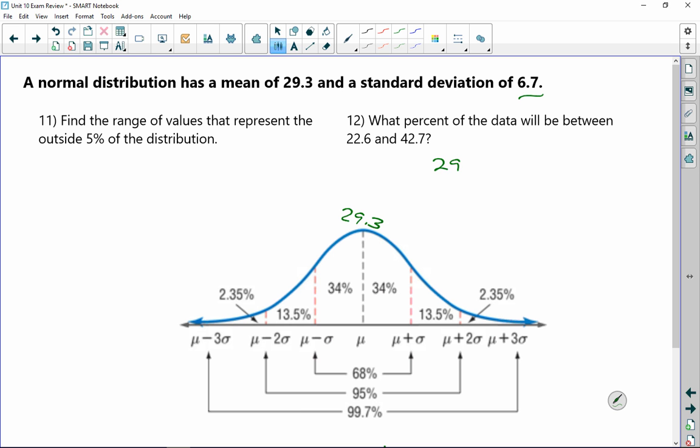So you take 29.3 add 6.7. Wait, is that right? I don't know. Probably. It's going up. Not 36. 36. Correct.